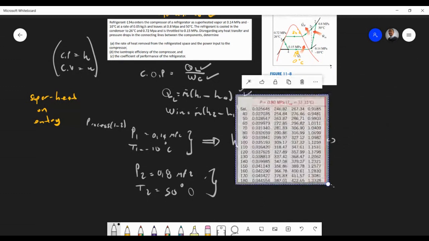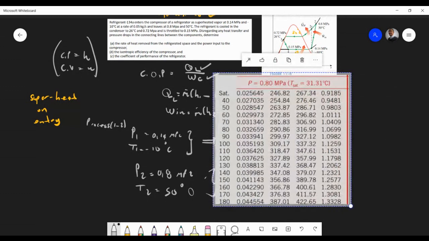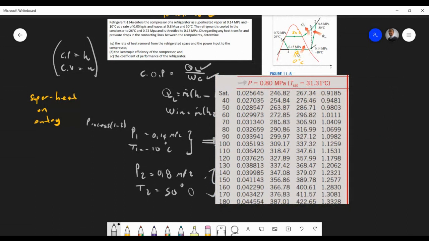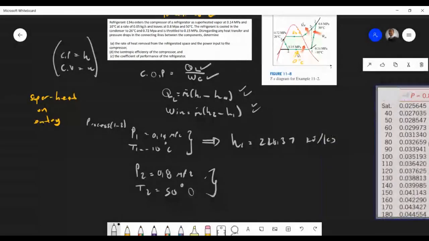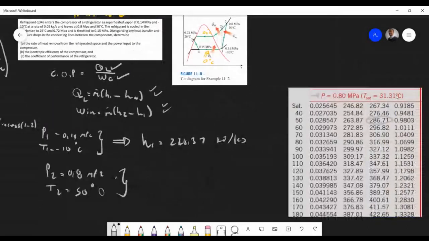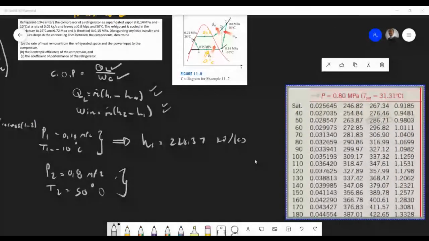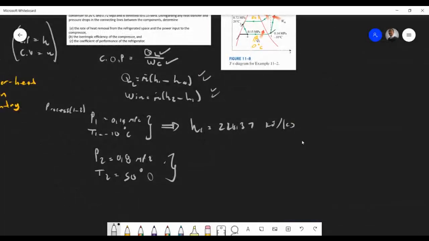So just getting the table out here. What you're first looking for is this 0.8, and then you're checking for 50 degrees, and then boom, that is it. Obviously, this is your H column here. That's your entropy column. In fact, that is your H2 actual, right?